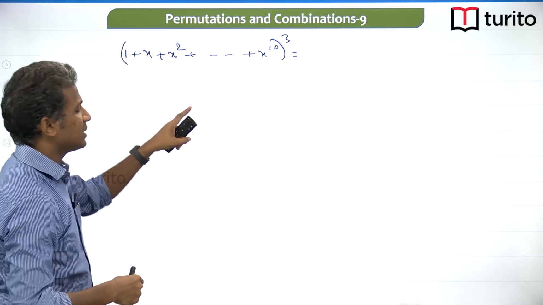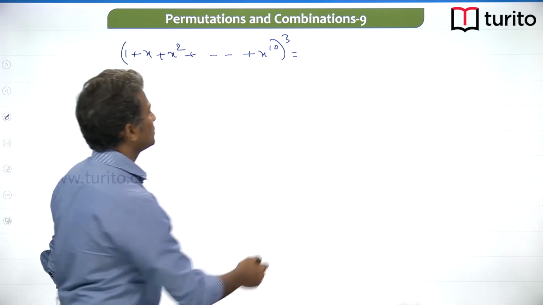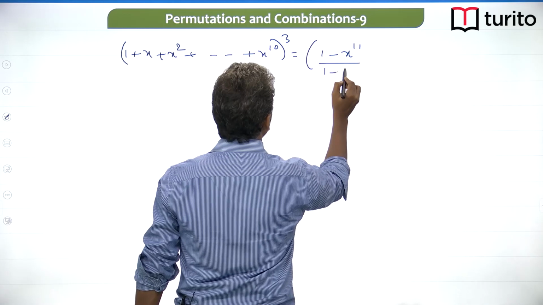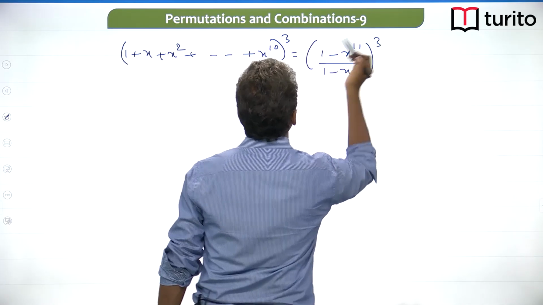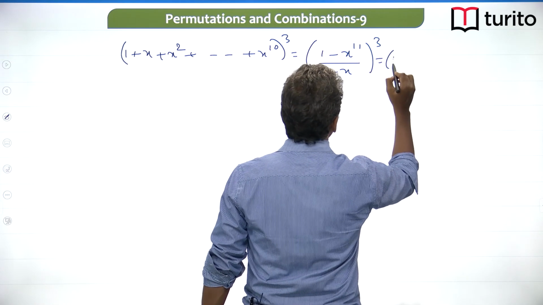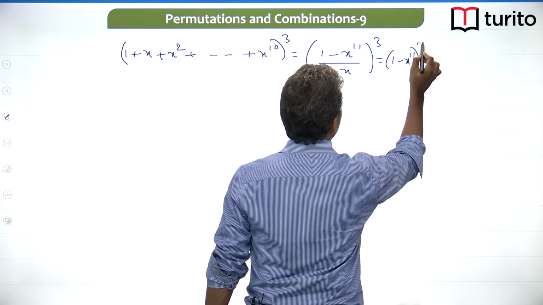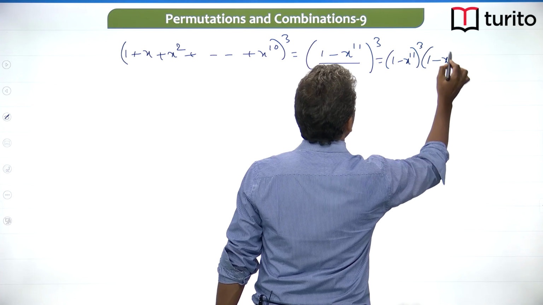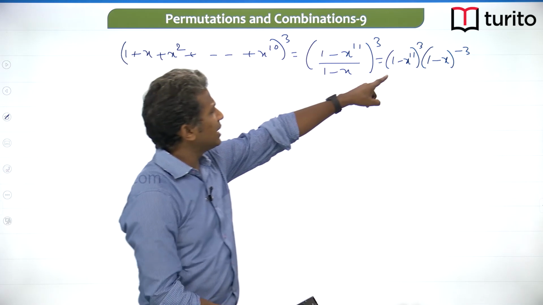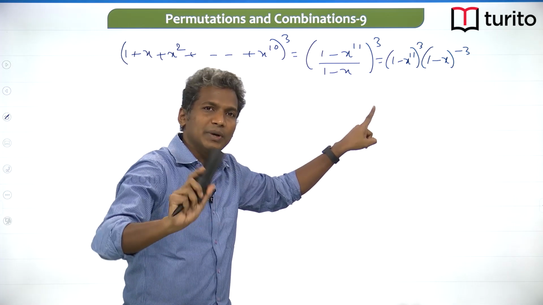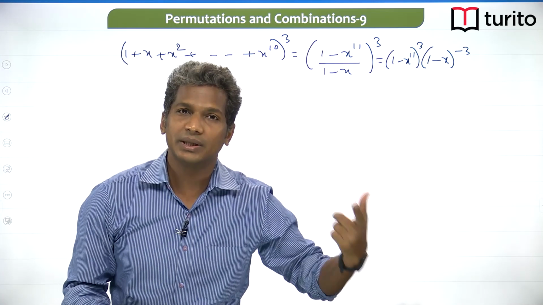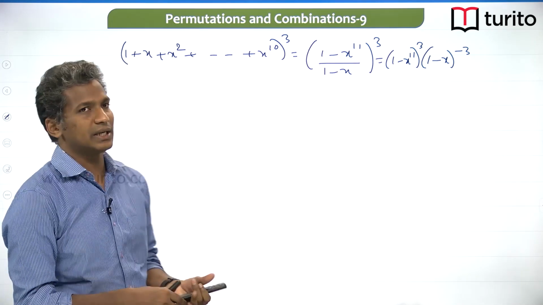Now the base is basically a GP, so we can use the idea of GP here. So (1 minus x raised to 11) by (1 minus x), whole cube. Again we can write this as (1 minus x raised to 11) whole cube into (1 minus x) raised to minus 3. Now one can be expanded using the normal binomial theorem, the other can be expanded using the binomial theorem for negative integral index, right.